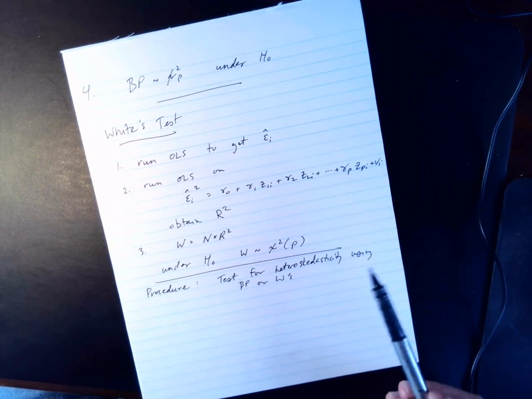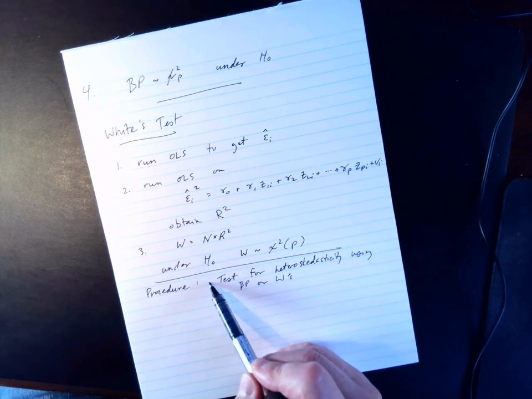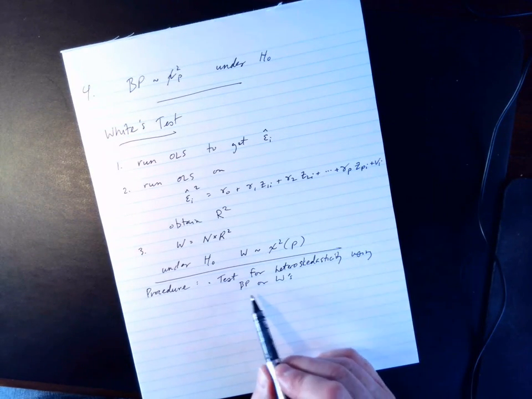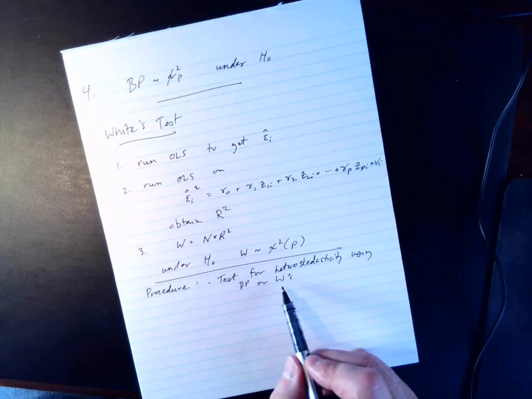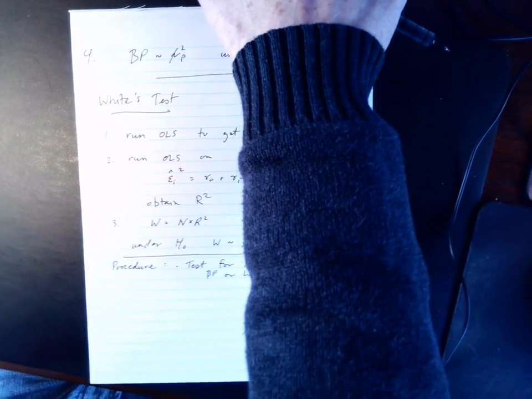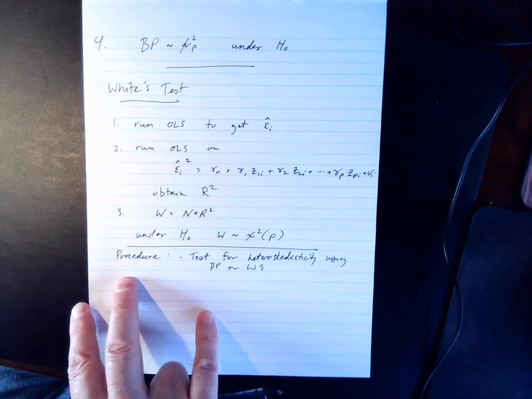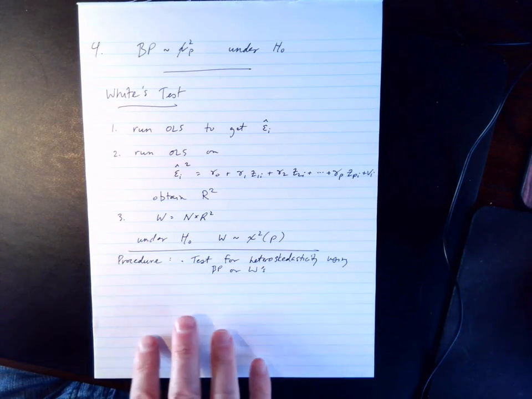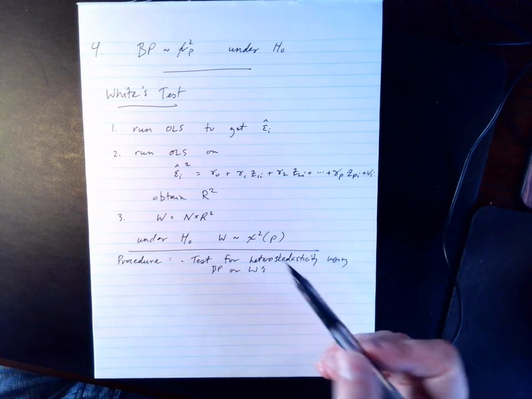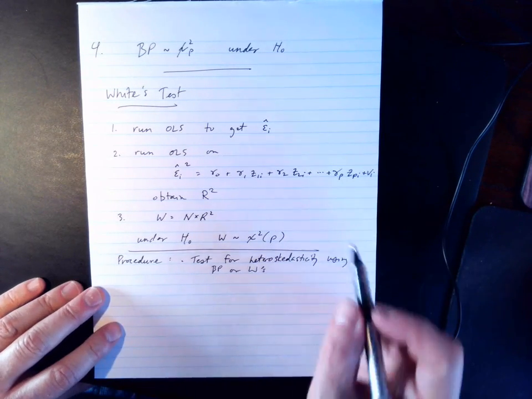Or you could use Goldfeld-Quandt, but it's more of a chore because you have to test all the variables one at a time. So it's fine to test Breusch-Pagan or White's. And to be honest, there are some textbooks now that say if you're running a cross-sectional regression, just assume you have heteroskedasticity. Don't even bother testing for it because it's almost certainly there.